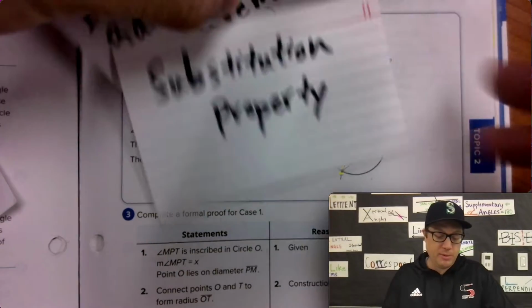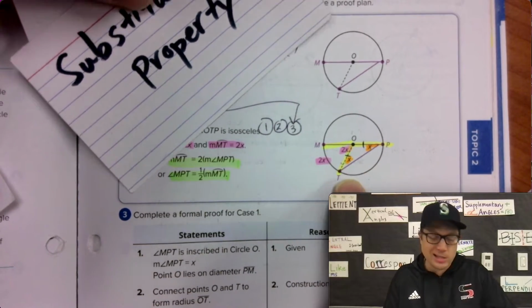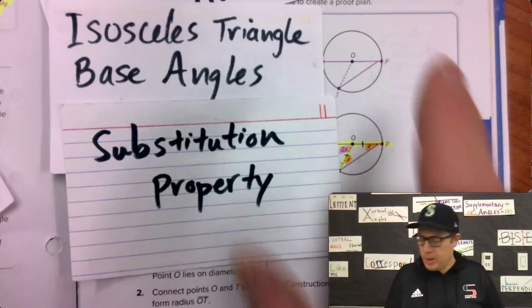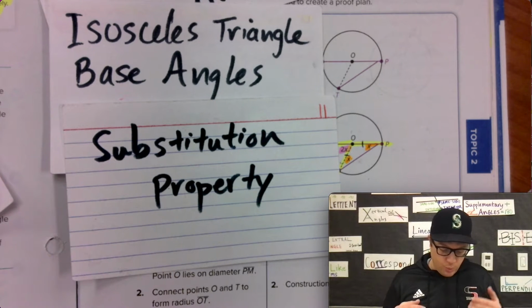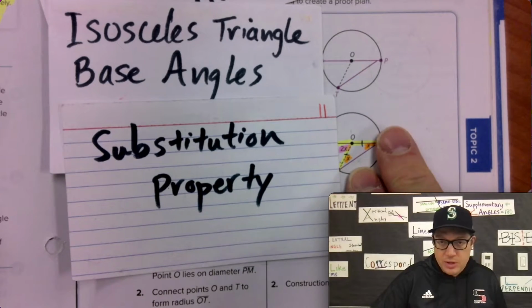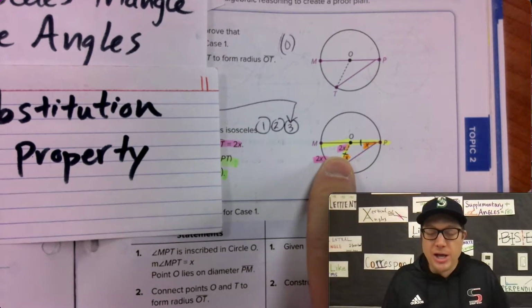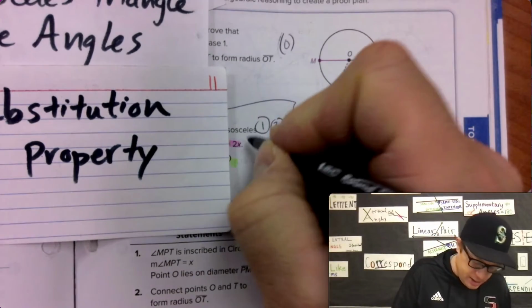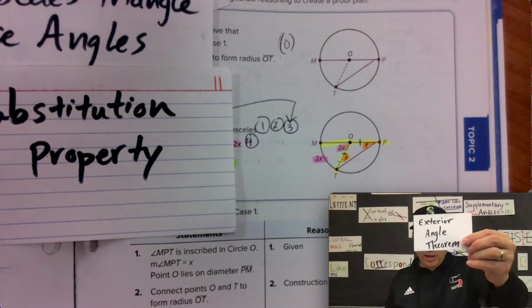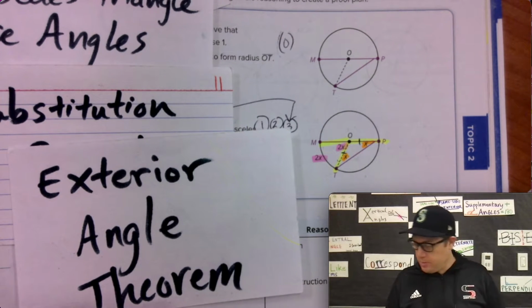Base angles are the same. You might as well call both of those angles by the same letter. Call them both orange x. Okay, so that's 1, 2, 3. Next up, when you know the 2 remote interior angles of the circle are added together, they're going to equal the exterior angle. So this is step 4, right there. Exterior angle theorem happens in the 4th position.